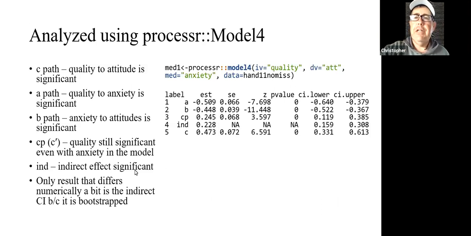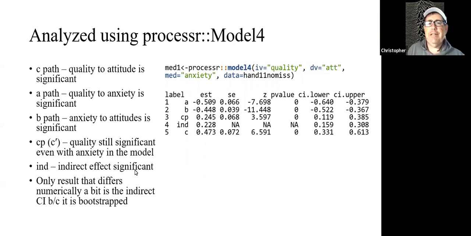The first example we'll look at is written using the process R package, the one with the lowercase r. And you'll see the output that it gives you is labeled with the different pieces. So we'll take a look at those in a second.